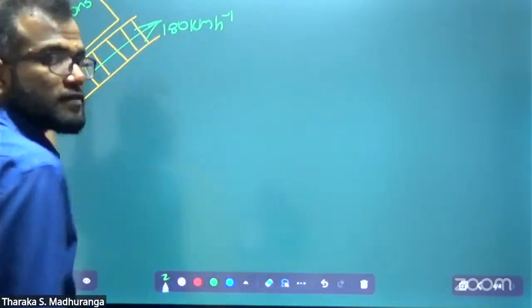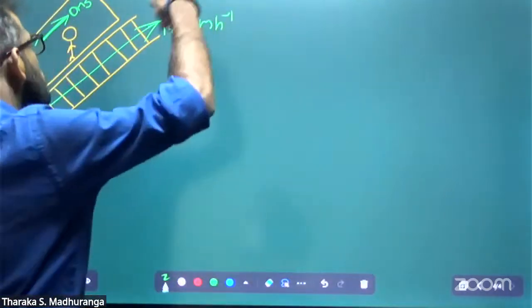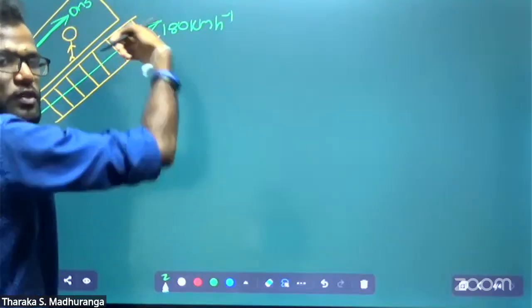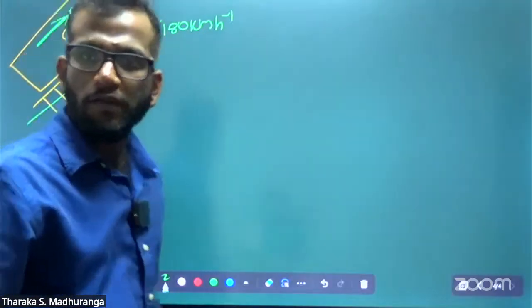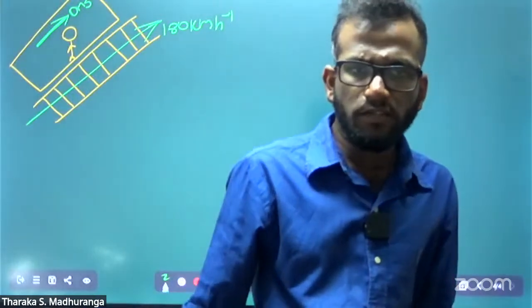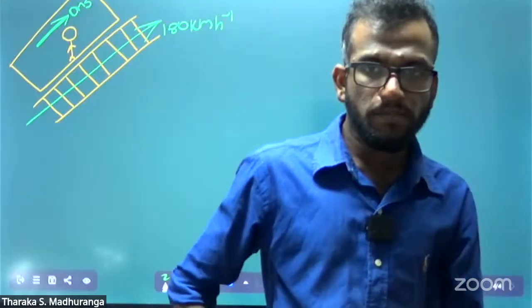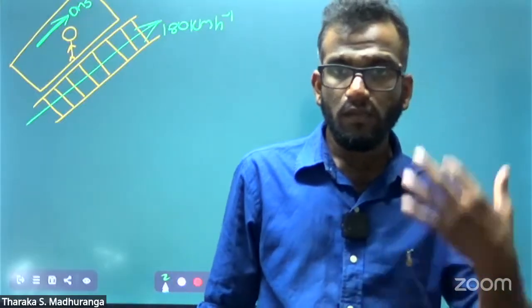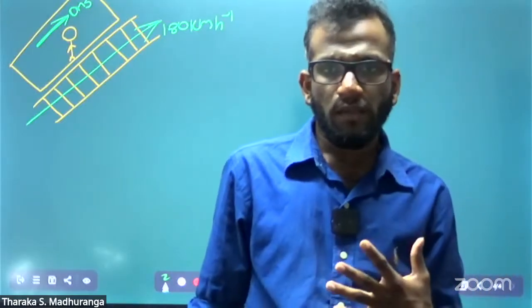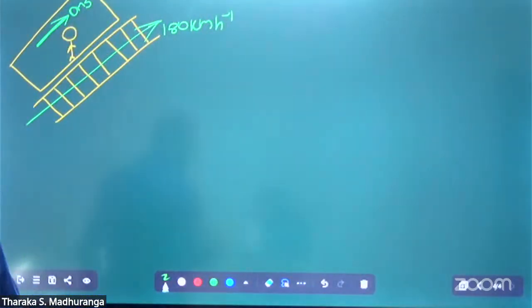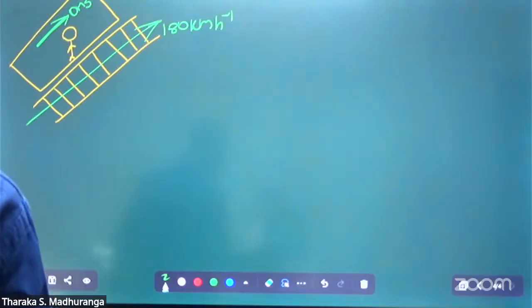The force is exerted from this direction, away from or towards the railway. What do you think? Quickly, I need a response. In the lesson we discussed these examples. Is the force exerted towards the train or away from the train? What do you think?